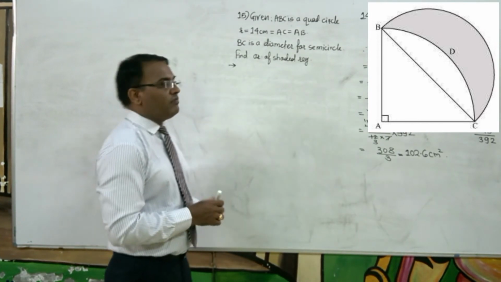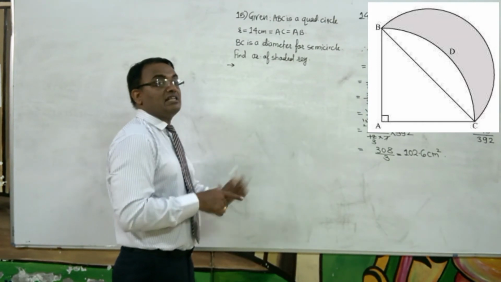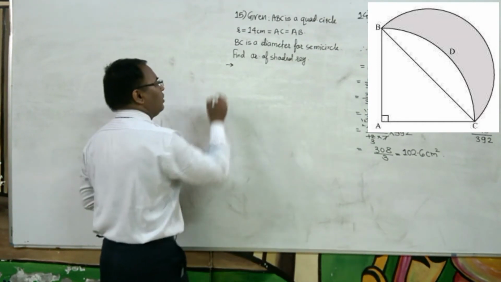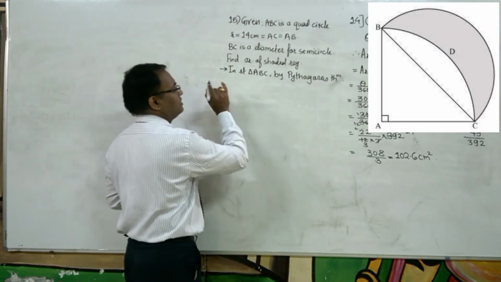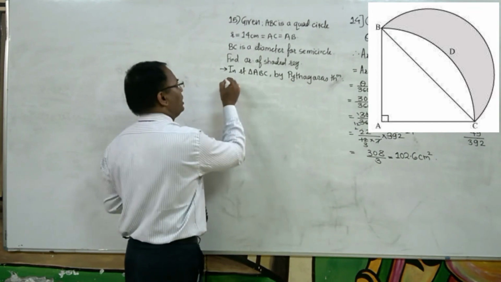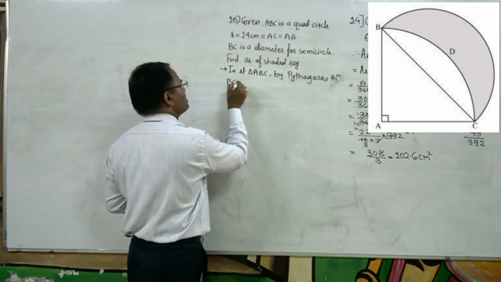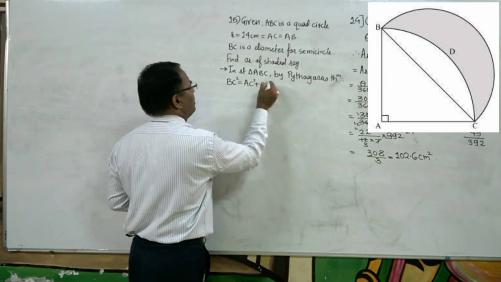So what we will do, we will find out the hypotenuse first, BC, which will be acting as a diameter for that semicircle. Right triangle ABC, by Pythagoras theorem, the hypotenuse, okay, that is equal to what? BC square is equal to AC square plus AB square.